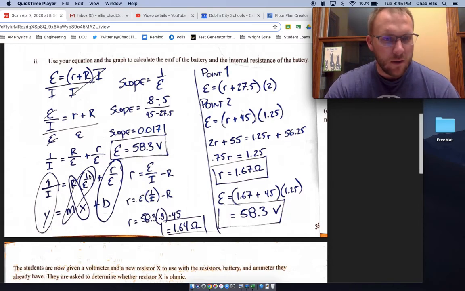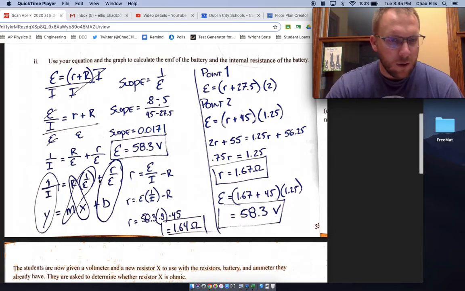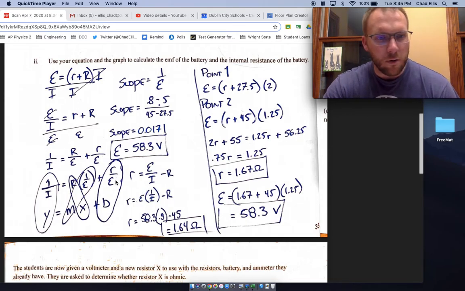And so you can see how that relates to our equation y equals mx plus b, right? Slope is 1 over my EMF. R is my x value. So I kind of split R over EMF into R times 1 over EMF, plus b, which is my little r over EMF, okay? What I can do then is find my slope using the slope formula and those points that I showed before.